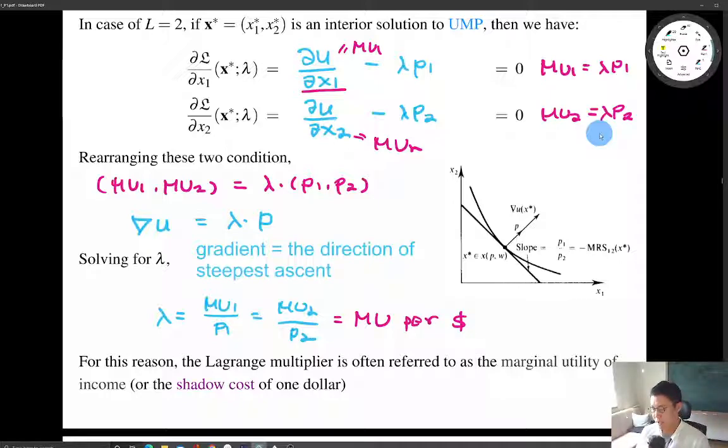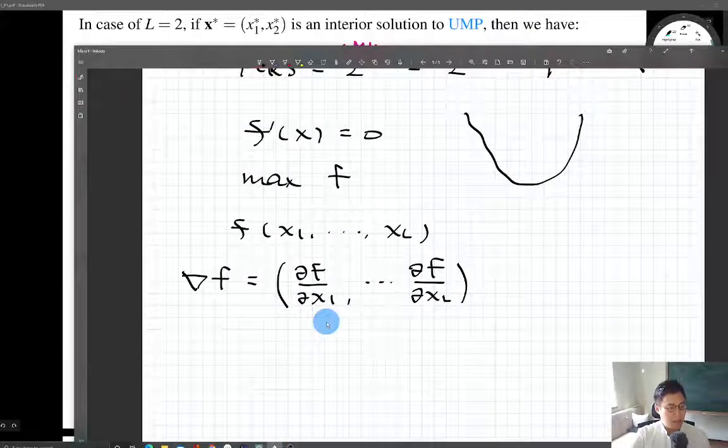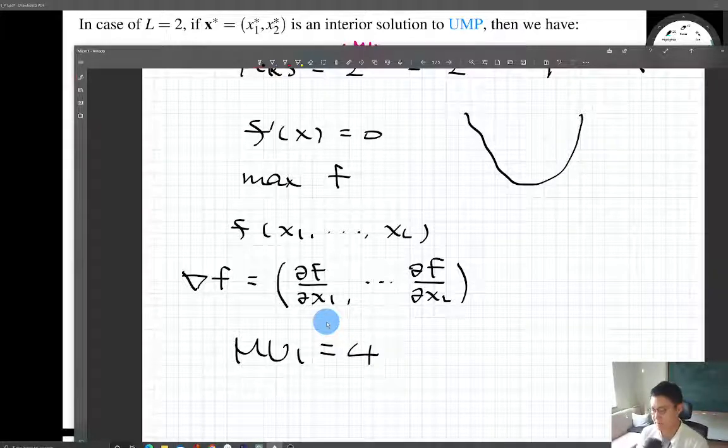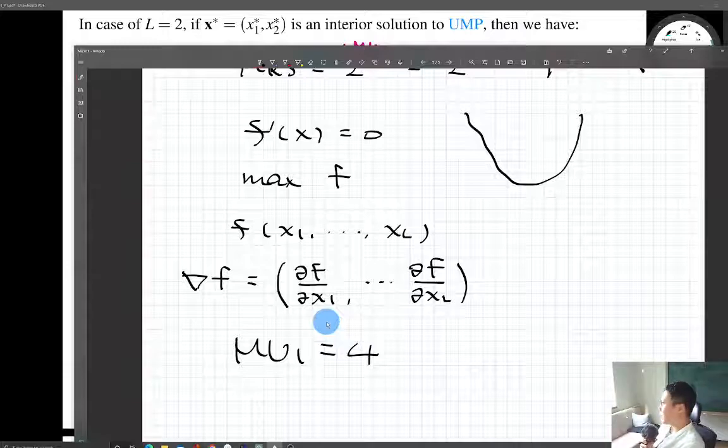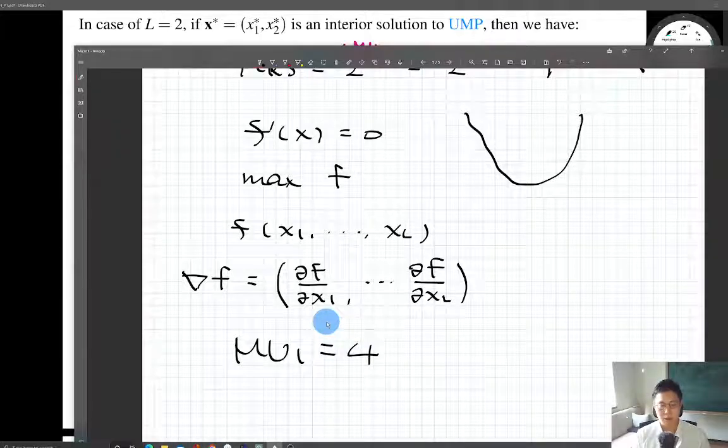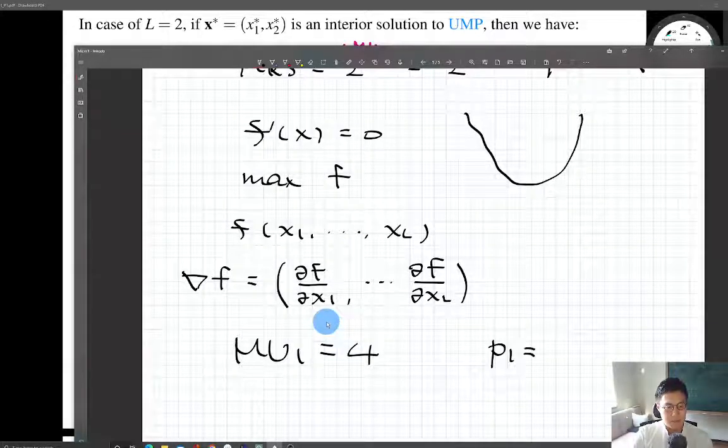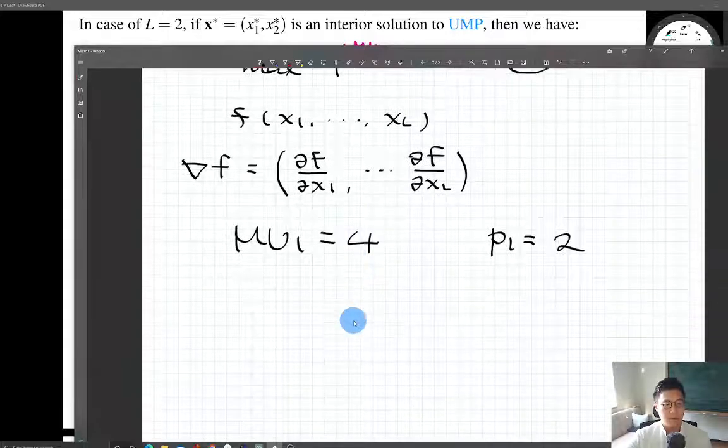Let me illustrate that with a specific example. Suppose that mu1 is equal to 4 at some bundle. That means at the current bundle, if the consumer consumes one more unit of good one, he can increase his utility by 4 units. That is an interpretation of marginal utility. Suppose that the price of this good is 2.